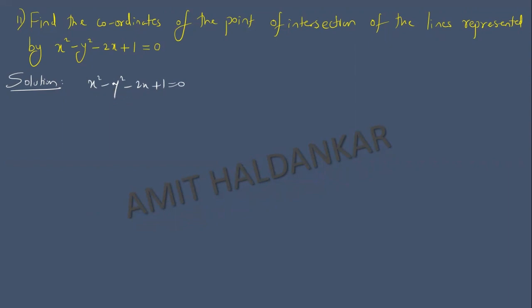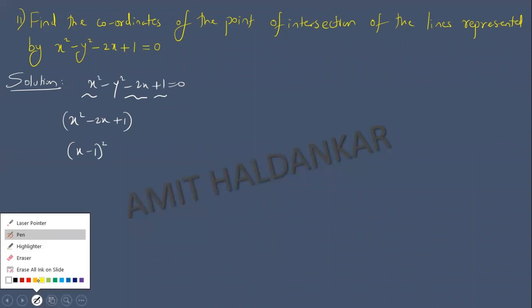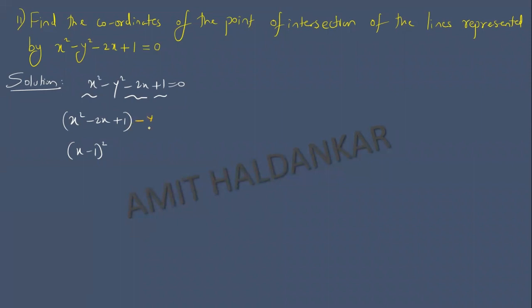So I'll take the x terms together. x square minus 2x, and to make it a complete square, if I take this plus 1 also, this actually looks like the expansion of x minus 1 the whole square. And the remaining term is minus y square, equal to 0.